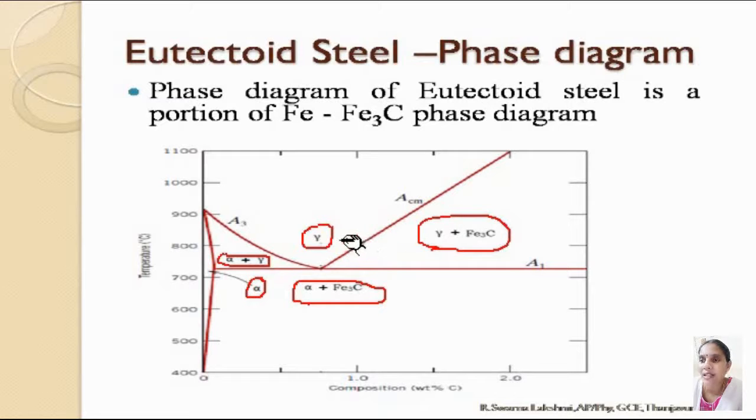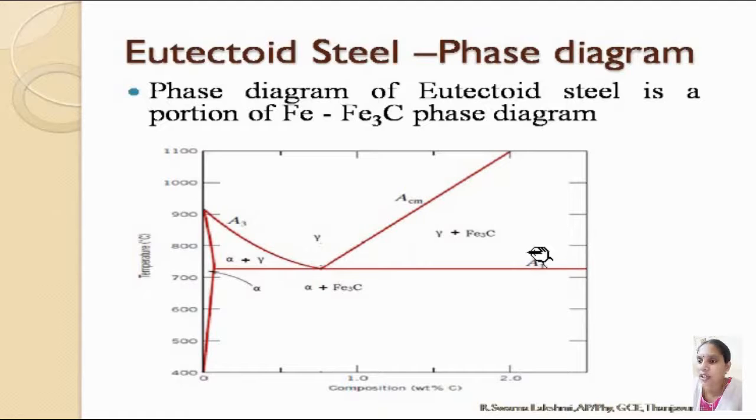It separates austenite phase from the two-phase region austenite plus cementite. The horizontal line in this phase diagram, the A1 line, is known as the eutectoid line. It is at 725 degrees Celsius and the eutectoid composition is at 0.8 weight % carbon.